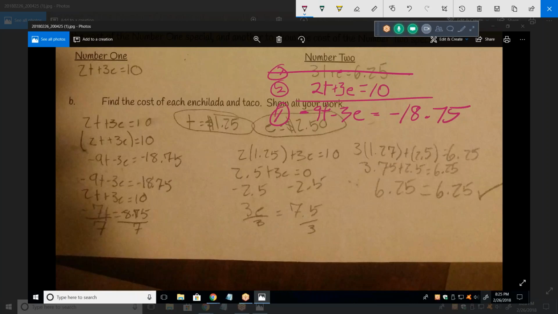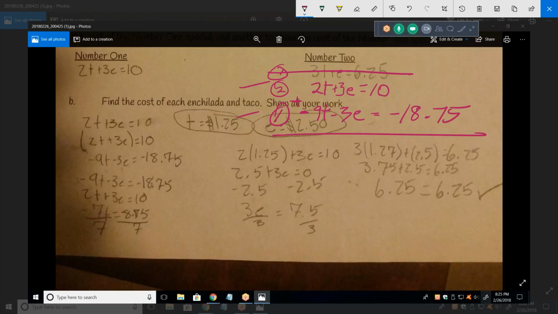Now, how do I eliminate a variable? Now these are my two equations. Let's get rid of that line that runs in between them. What am I going to do to eliminate the variable e? Just cancel out. Add. The key is you're adding the two equations. You can't just say they cancel out, because you got to do something with the t's, and you got to do something with the number 10 and minus 18.75 also.